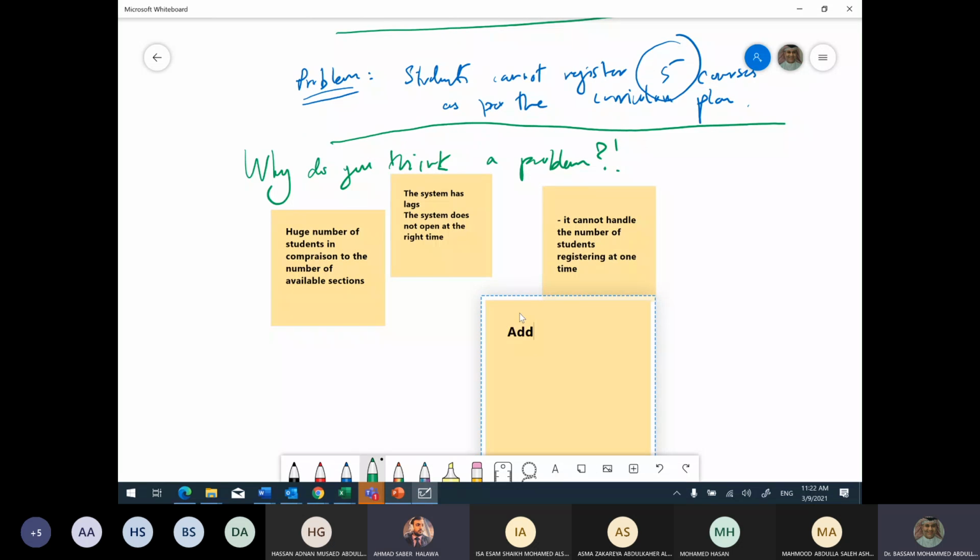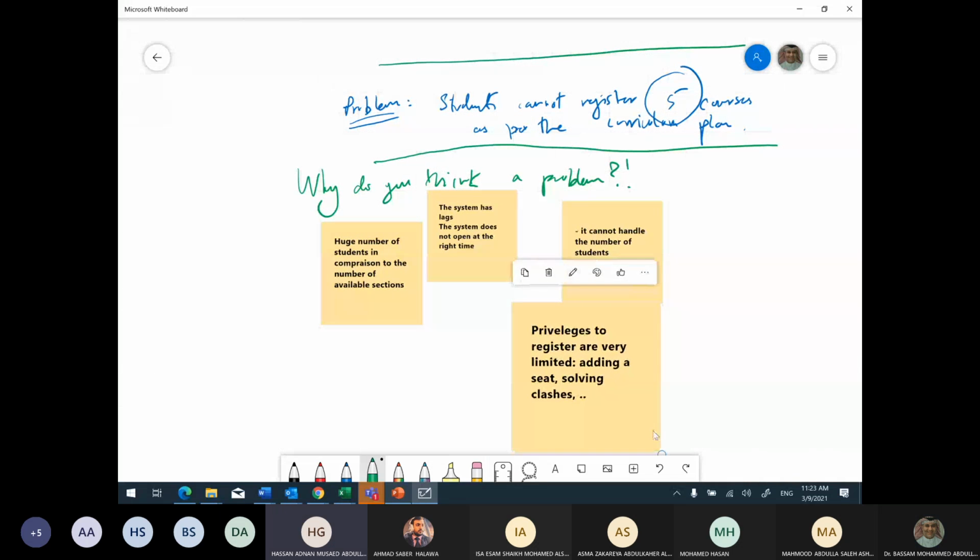Okay, so the privileges to register are very limited, like adding a seat, solving clashes, and so on. Graduating students. I think it's clear. Okay, great.